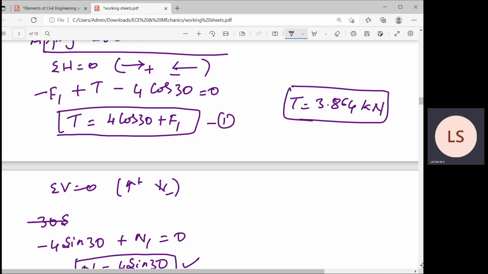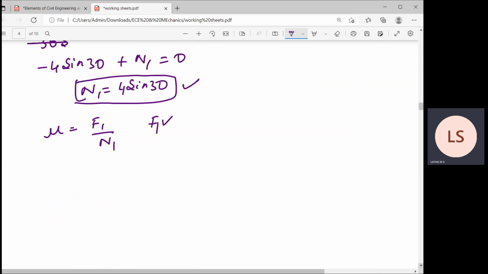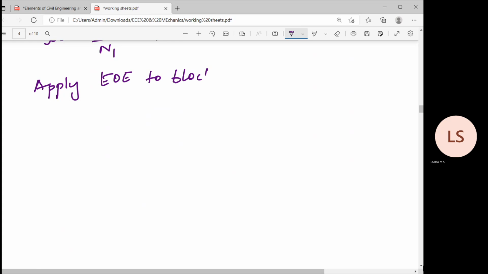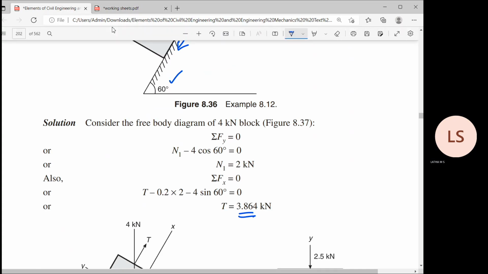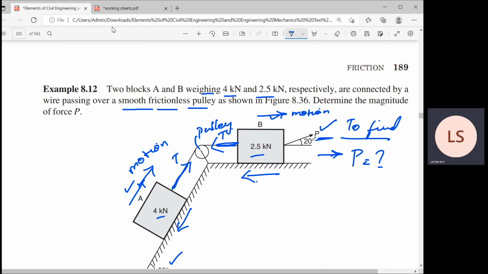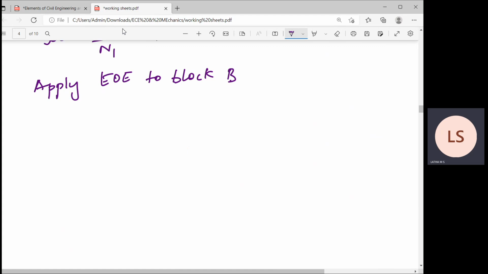Similarly, I should continue applying equations of equilibrium to block B. So apply, because the unknown is P, apply equations of equilibrium to block B. Correct? It is block B, right? Yeah, the 2.5 block, block B. So sigma H is equal to 0.